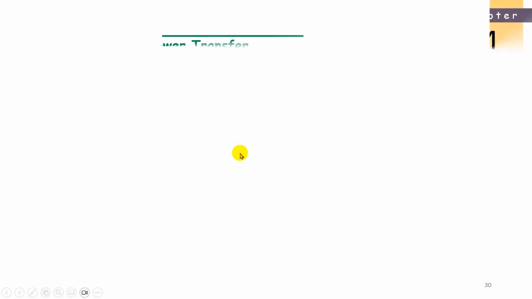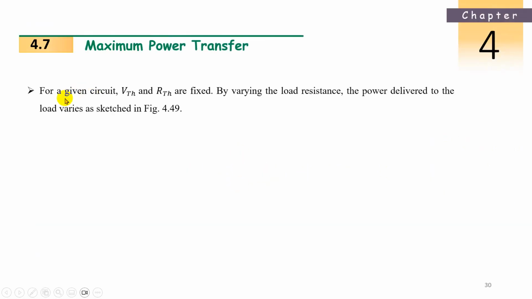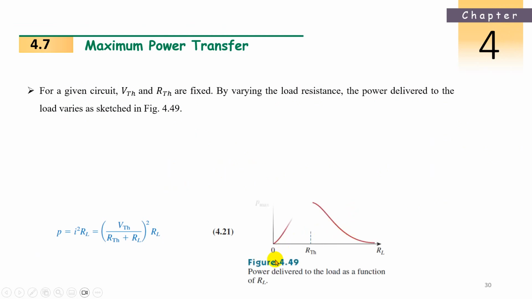Now we will see the graph also. For a given circuit, V Thevenin and R Thevenin are fixed. We cannot change them because the circuit is fixed. By varying the load resistance, the power delivered to the load varies as shown in the sketch, figure 4.49. See here, you can see the variation.